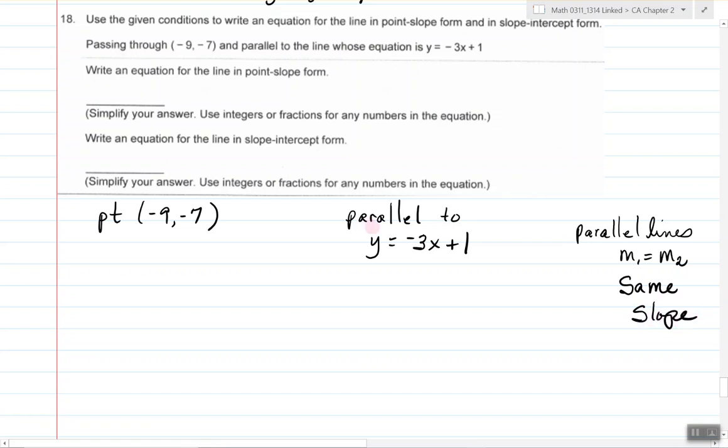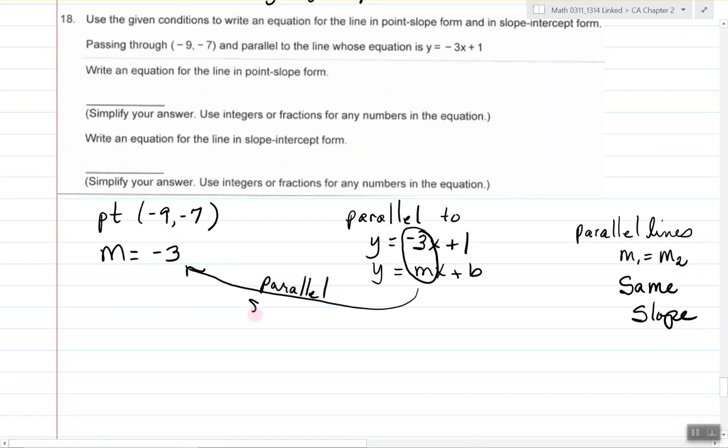So when they tell me my line is parallel to this one, this line's slope is -3. So that tells me that my slope is -3. Why? The lines are parallel, same slope.